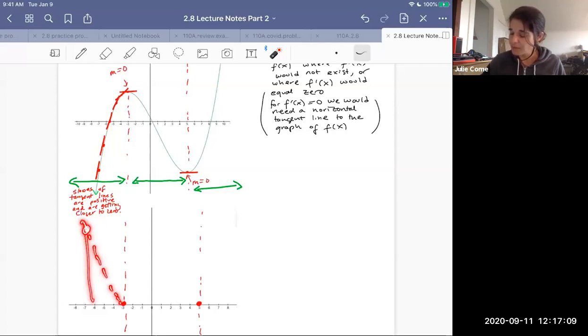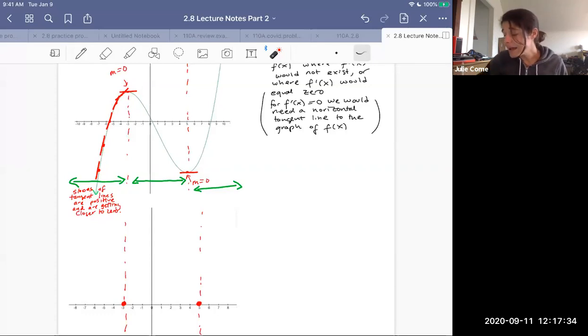Again, remember, it tells me the slope of a tangent line here. What do I know? Well, I know the y values are all positive and they're getting closer to 0. Oh, and yeah, right at -3 is where the y value should be 0 on the graph of the derivative, because that's where the slope of the tangent line to my original function is indeed 0.